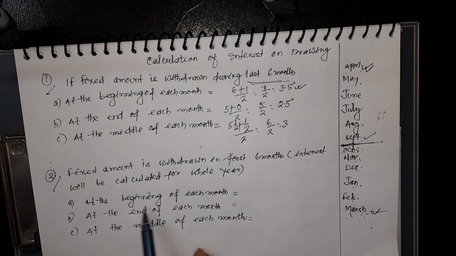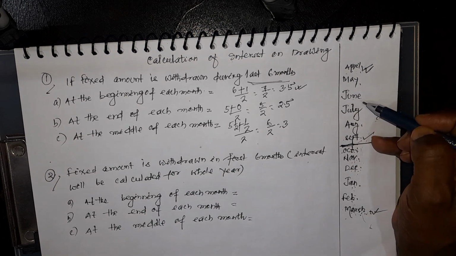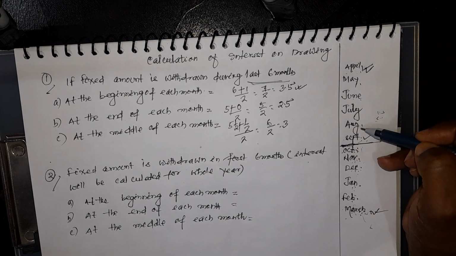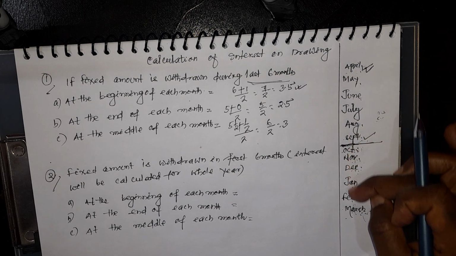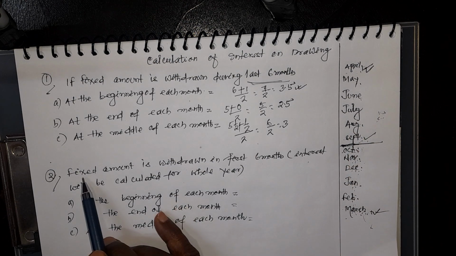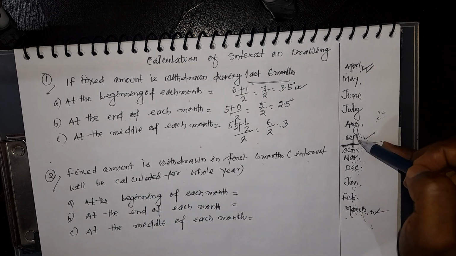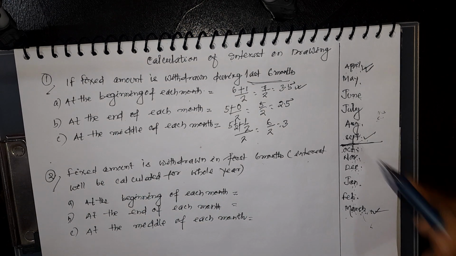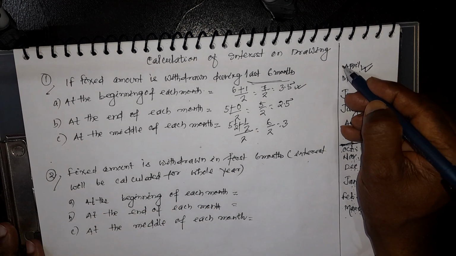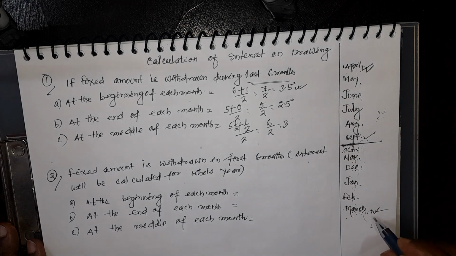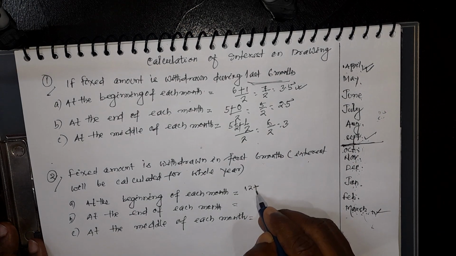Here it is written at the beginning of each month: April 1st, May 1st, June 1st, July 1st, August 1st, September 1st. Up to this. After that it will not be withdrawn. So if it is at the beginning of each month, from 1st April to 31st March, how many months? 12 months.